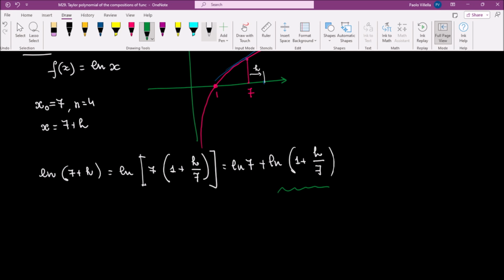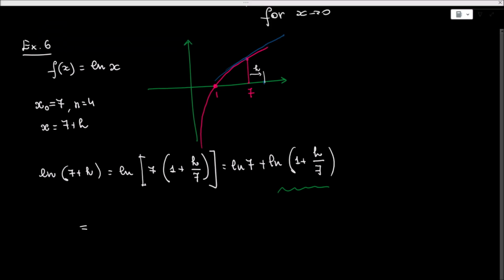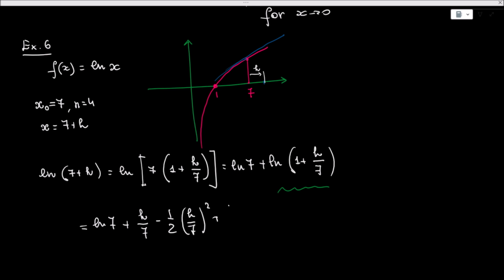So we can rewrite this as simply the logarithm of 7, which is just a constant, and by just applying the Taylor expansion of the logarithm of 1 plus x, we have simply h divided by 7 minus 1/2 (h divided by 7) to the square plus 1 divided by 3 (h divided by 7) to the cube minus 1 over 4 (h divided by 7) to the 4th, and so on and so forth.